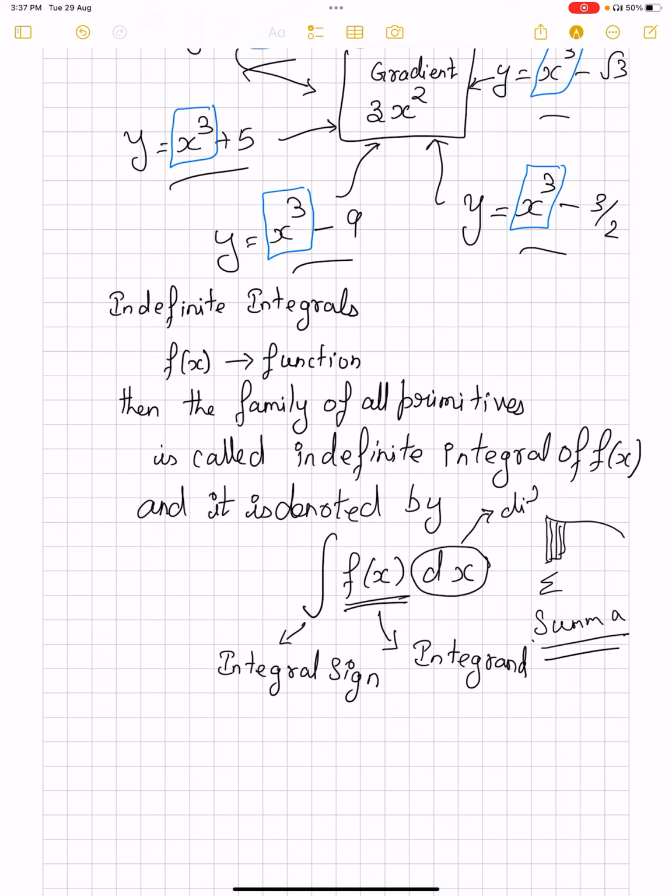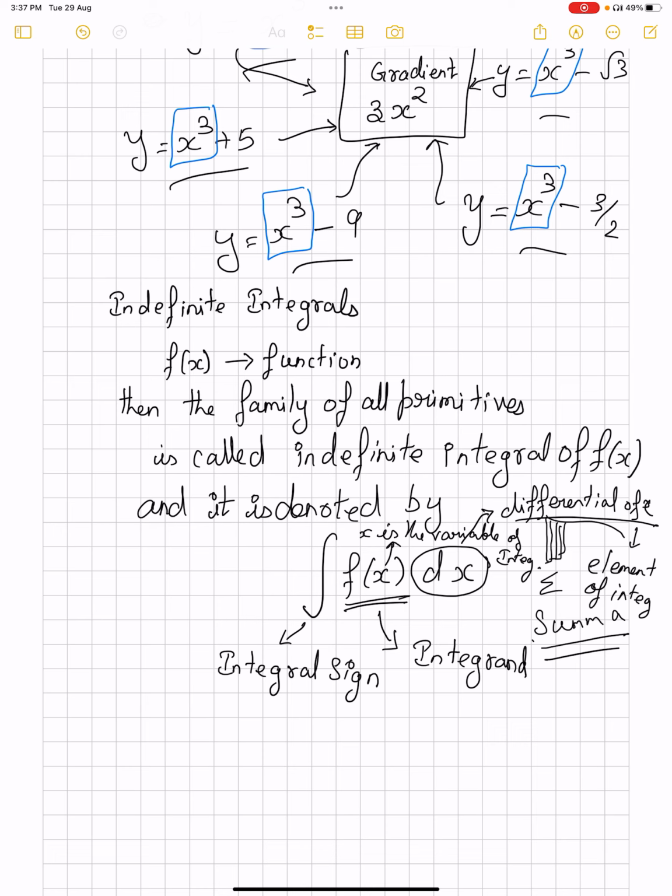The x is the variable of integration, and dx is the element of integration or differential of integration.